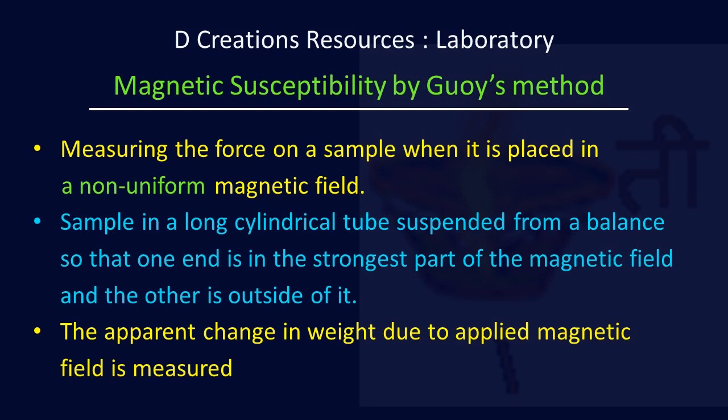Now, in order to understand the importance of non-uniformity of field, let me give you an analogy. Imagine that a uniform field is like a flat plateau kind of region. Now, if you have a ball and if you keep it there, will it roll? No, it will not, because the region is flat. But if you keep the same ball on a slope of a mountain or a hill, then it is going to roll.